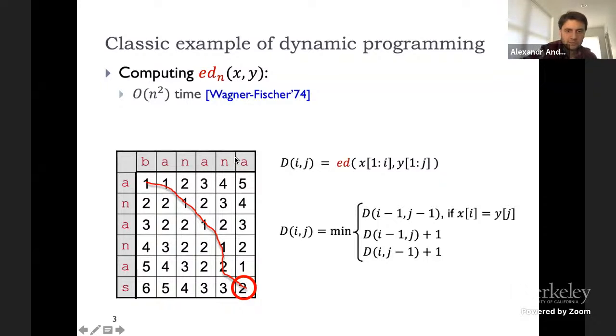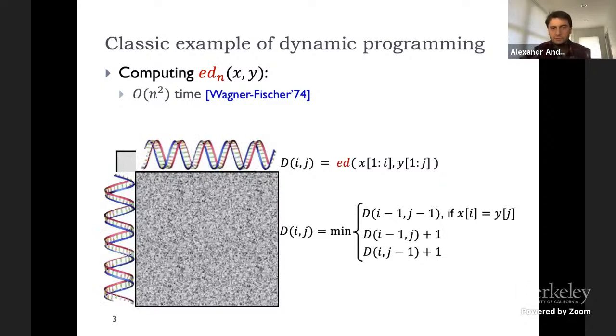Okay, so this is a very, very classic algorithm. So we have a quadratic time algorithm, so what's the issue? Well, especially nowadays, these strings are actually long. You can imagine hundreds or thousands or more, and quadratic is just not good enough.